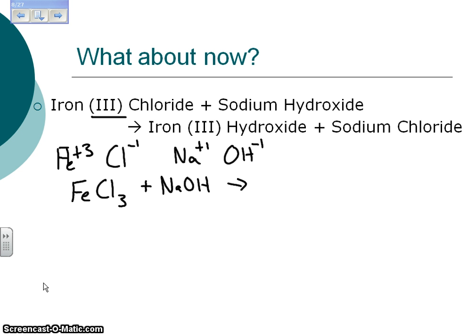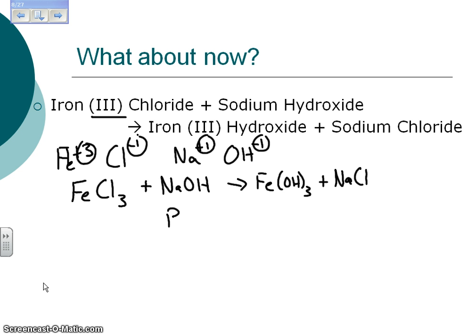We have the +3, the -1, so we would need 3 hydroxides to the 1 iron. And sodium chloride. Sodium's +1, chloride's -1, 1-to-1 ratio. NaCl. Now that we have our equation, we are able to go out and balance it.